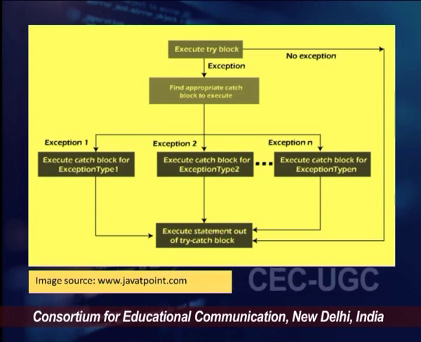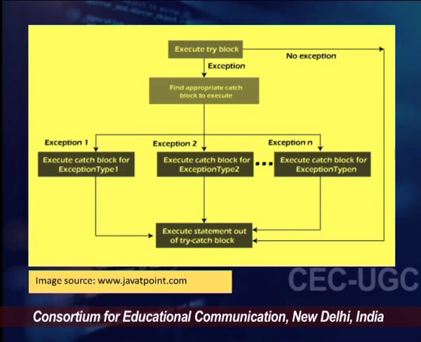But if there is an exception, then the system has to find the appropriate catch block. There can be one catch block for a particular type, let us say arithmetic exception, another catch block for array index out of bound, a third catch block for null pointer exception, and finally one parent exception class also.